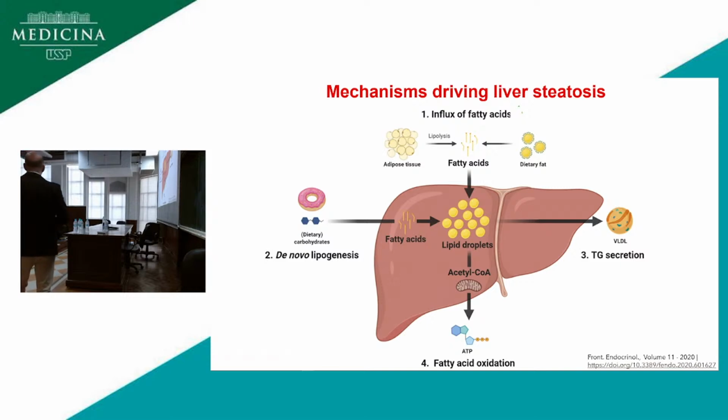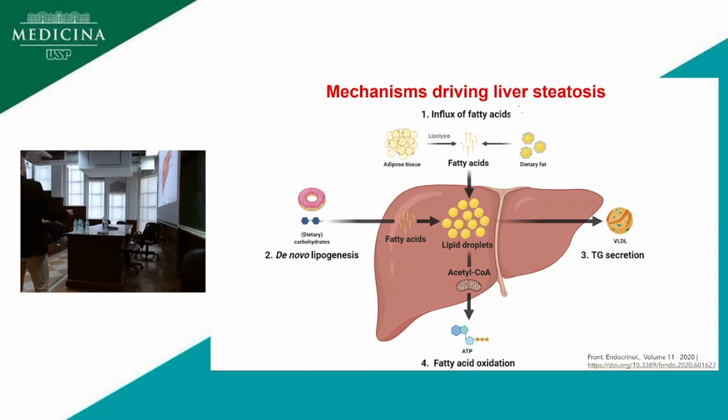Okay, so when we think about liver steatosis, we need to think that the accumulation of lipids in the liver depends on the balance between the amount of lipids that go to the liver, which can come from the diet or be released from white adipose tissue, and the amount of lipids synthesized de novo in the liver.